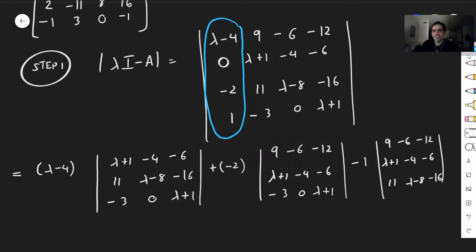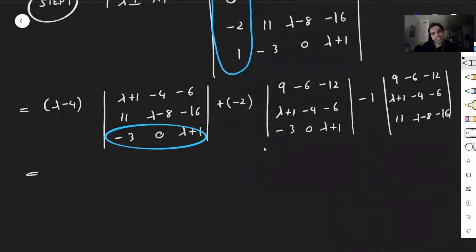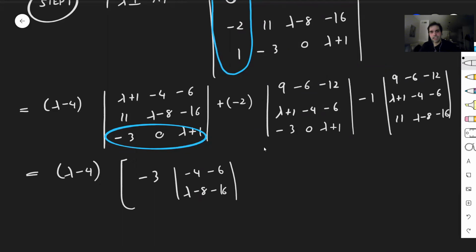So this one, for instance, we can expand along the last row. And then what we get, I hope you have all night for this, is lambda minus 4. And then, so plus minus plus, so -3 times the determinant -4, -6, lambda minus 8, -16, and then plus 0, so that doesn't matter.